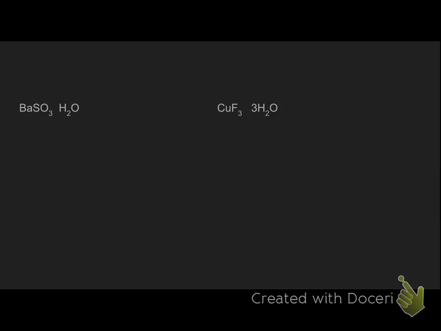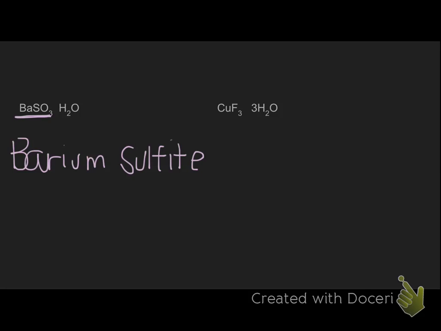So now we're on to examples. BaSO3. So step one was to name our ionic compound. So BaSO3 is barium sulfite. Okay, so that's this part right here. Then we are going to use our prefixes to indicate how many hydrates we have.